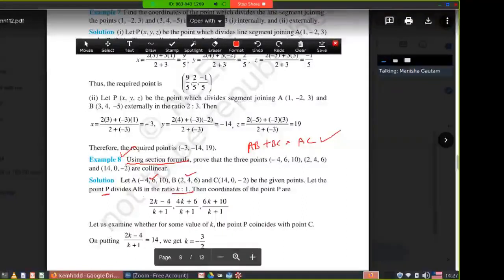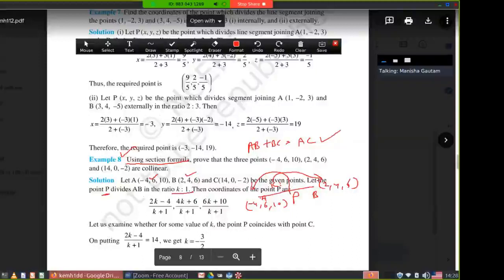Here I have taken only A and B. So -4, 6 and 10 is the A point coordinate, and B is 2, 4 and 6. And these are divided in the ratio K:1. It means K is multiplied by 2 and 1 is multiplied by -4. You can get the coordinates of P.